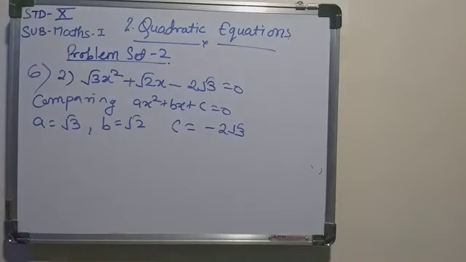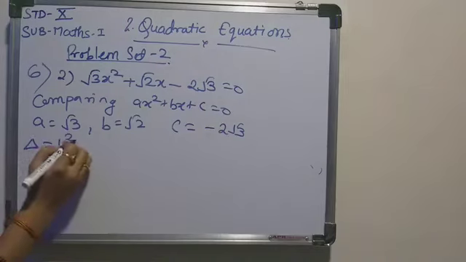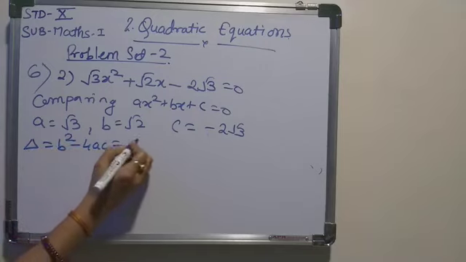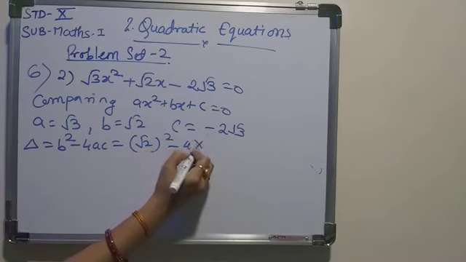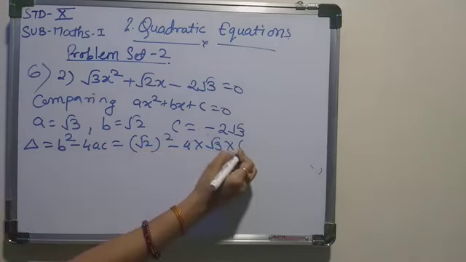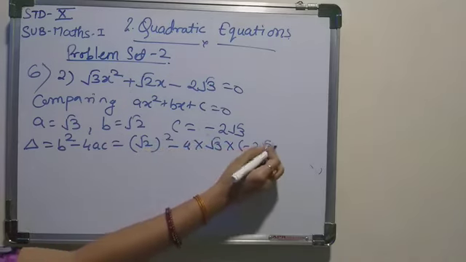Now we are going to find the value of the discriminant, your delta, which is equal to b square minus 4ac, root 2 square minus 4 into root 3 into minus 2 root 3.